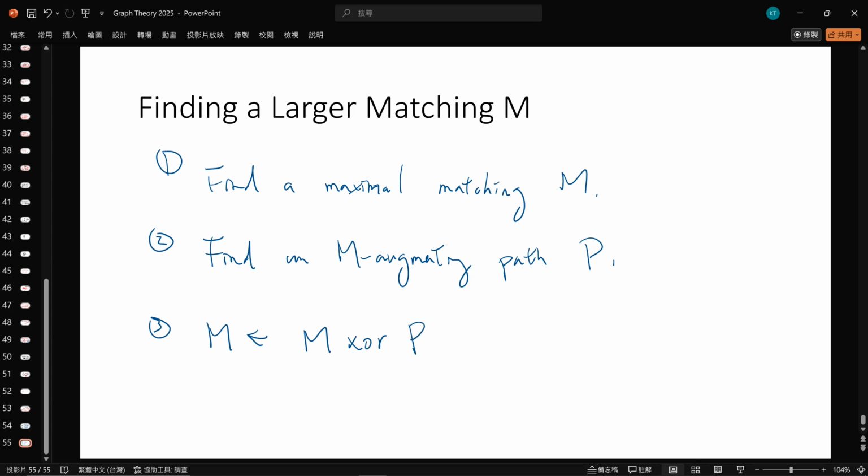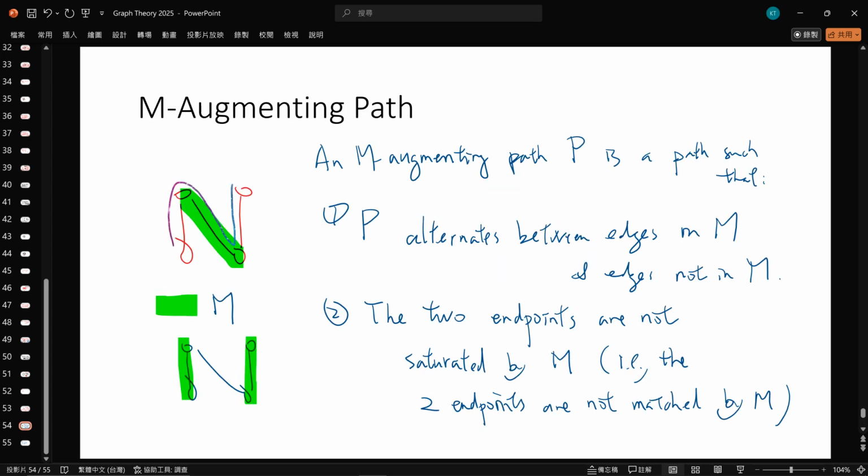So what is this exclusive OR? In this example, we will take this edge and this edge, but not the one in the middle. The reason is that we only want edges that appear either in the path or in the matching, but not both. So if some edge is on P and M, then we're not going to take it.